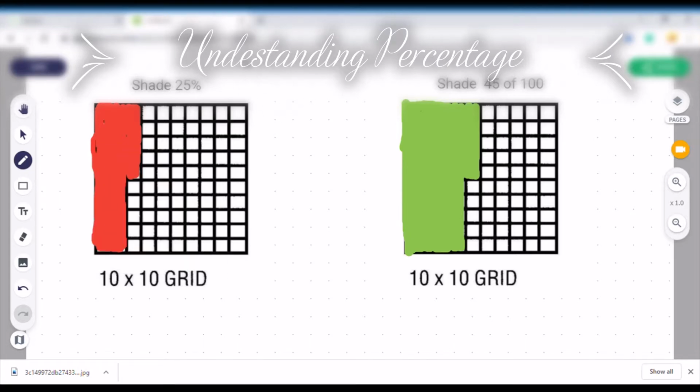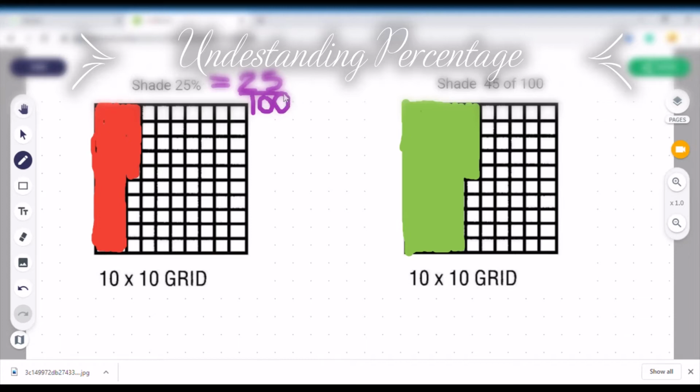So 25%, when we write this in fraction, is 25 over 100.